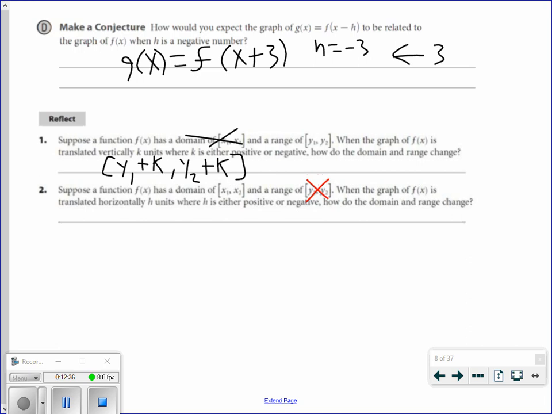So if our x terms are changing, that's what changes in the domain and range. Only the domain changes, to be x1 plus h and x2 plus h, depending on whether h is positive or negative. All right. So let's keep going.